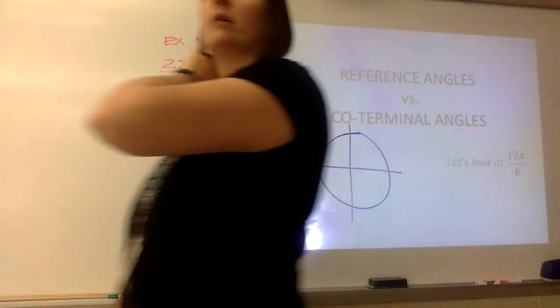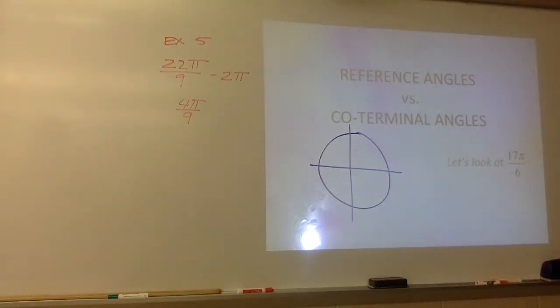Can you count the arcs or convert to degrees or do something that tells you where 17 pi over 6 is? There's no rush. We're all different places right now.